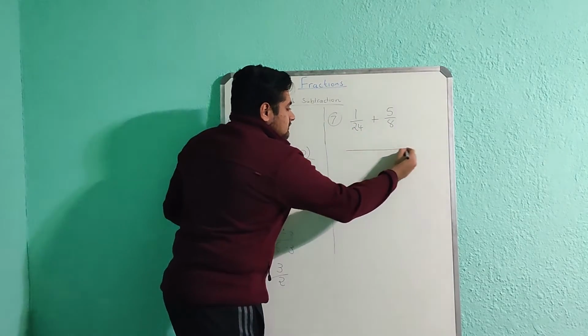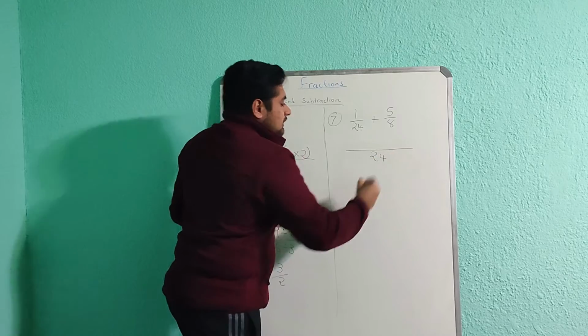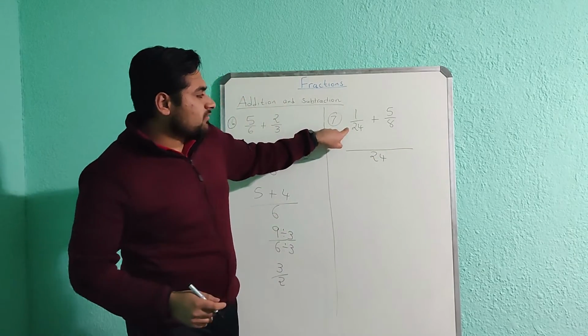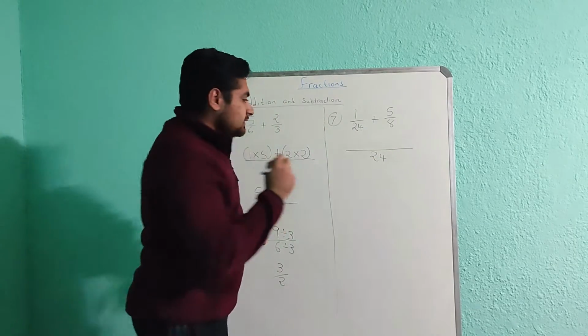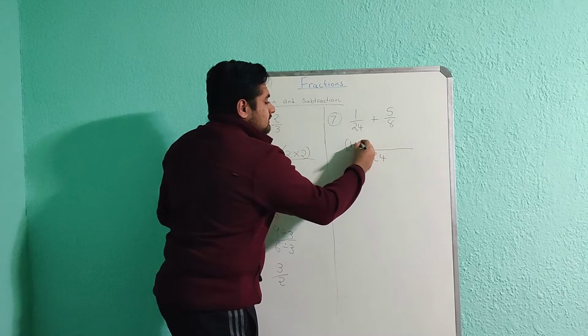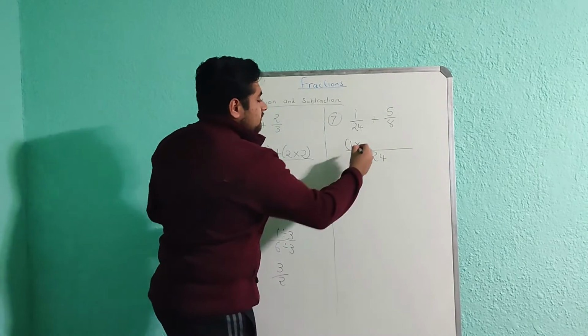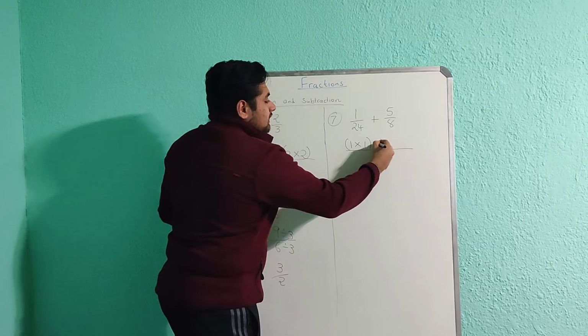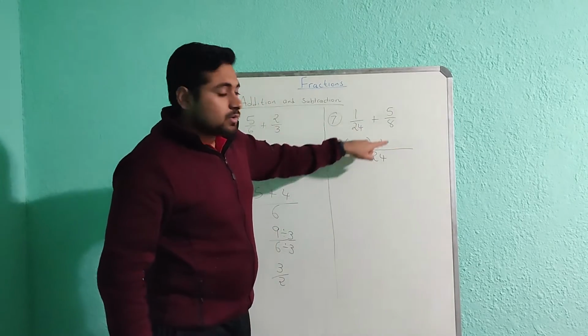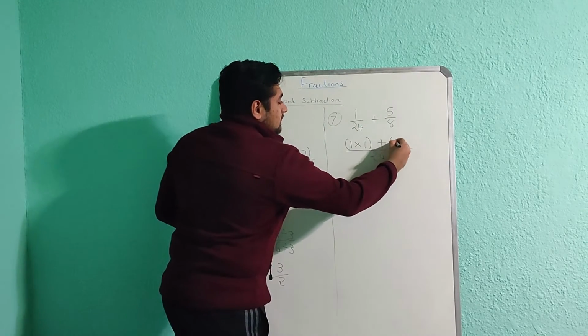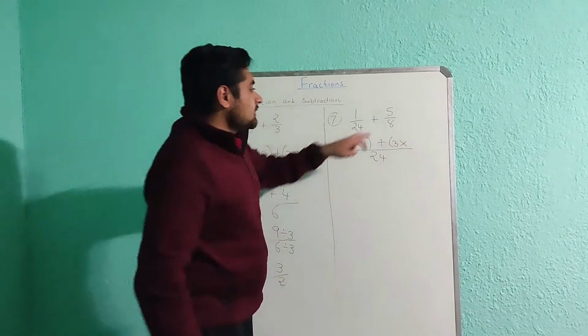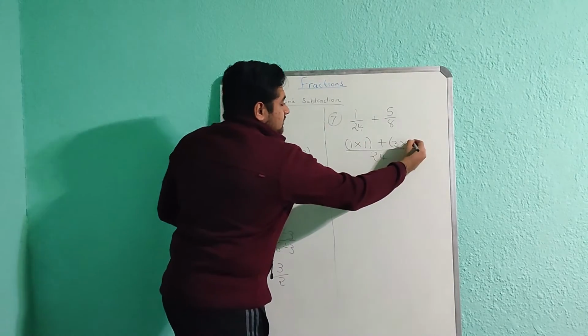So we write 24 and we ask ourselves, how many times does 24 go into 24? Once. So we write 1 times the numerator of the first fraction, 1, plus how many times does 8 go into 24? That is 3 times the numerator of the second fraction, 5.